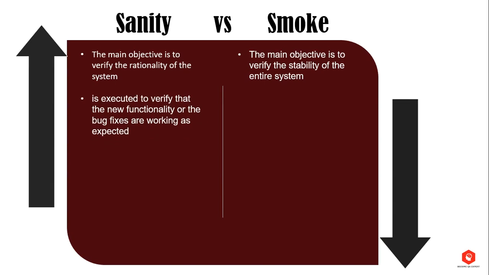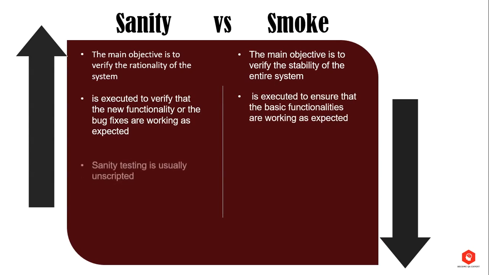Sanity testing is executed to verify that the new functionality or the bug fixes are working as expected. And on the other side, smoke testing is executed to ensure that the basic functionalities are working as expected.